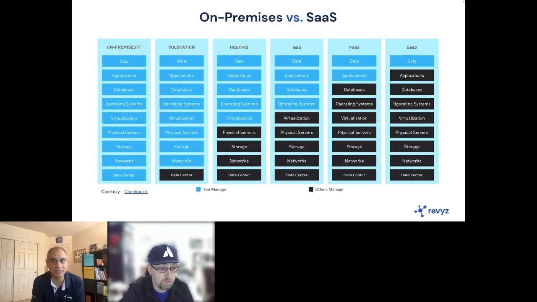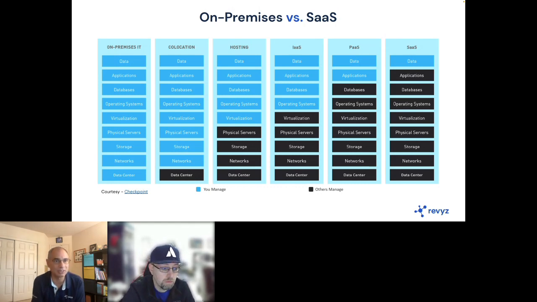In the case of SaaS applications, you, as the owner or administrator of the application, are responsible for the data which is being put into that application. All the other pieces of the stack, be it the operating system, the actual machines running that application, the storage and the networking required, and even the physical data center where that machine resides, become the responsibility of the SaaS application provider.